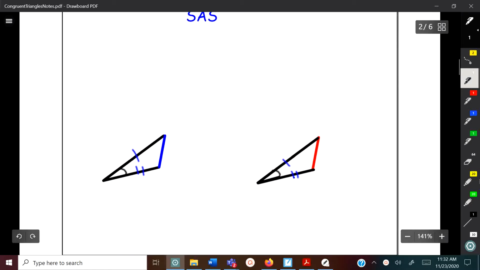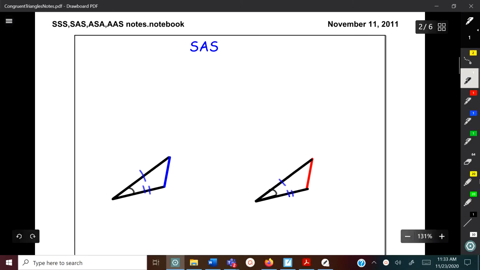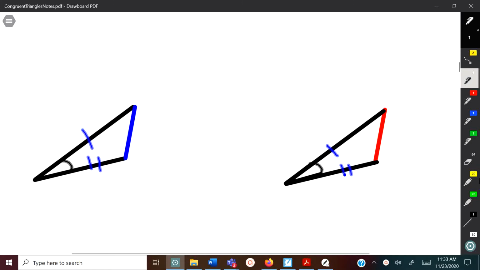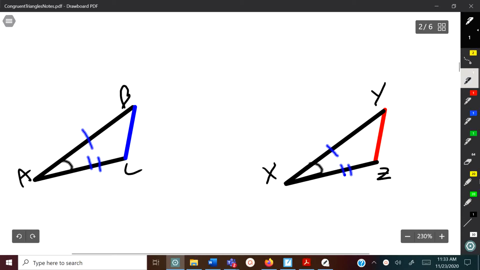This one's side, angle, side. The way the letters are is exactly how it should look on your shape here. The angle has to be included in between the two sides. If I zoom in here, let me put some letters on: A, B, C, X, Y, Z. We know A to B and X to Y are congruent, and A to C and X to Z are congruent.